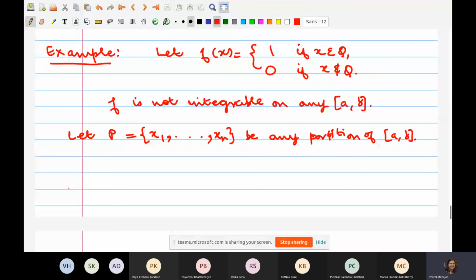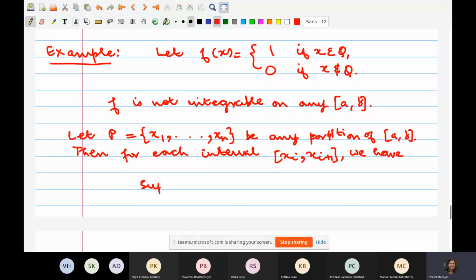So then, no matter which subinterval we are in, let's make the following observation. For each subinterval [xi, xi+1], we know the supremum of f over this subinterval.